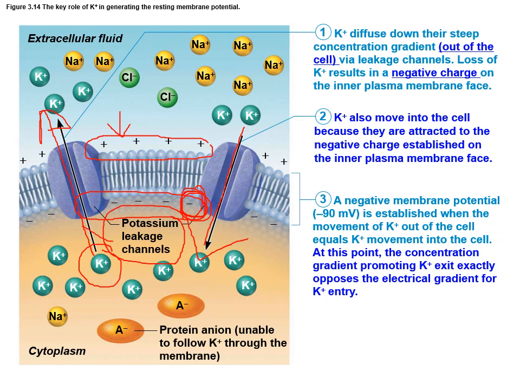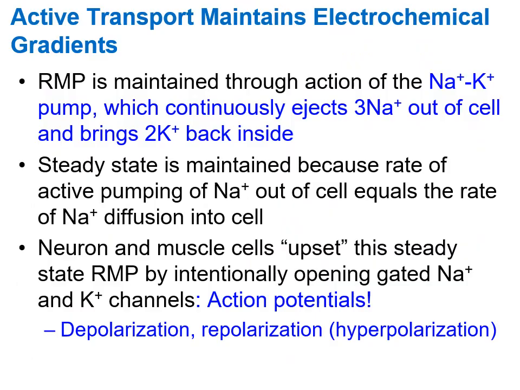As these potassium as well as the sodium ions move in and out, they start to generate a resting membrane potential. This resting membrane potential can then be used to respond to a stimulus to generate an action potential, which is the response of a cell based on reaching the threshold stimulus that is required.